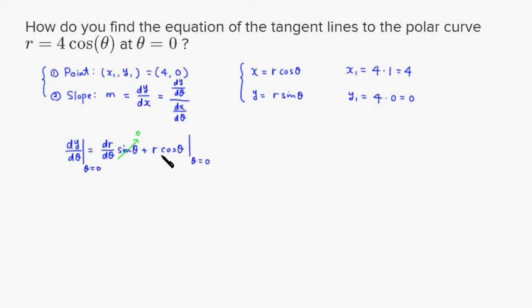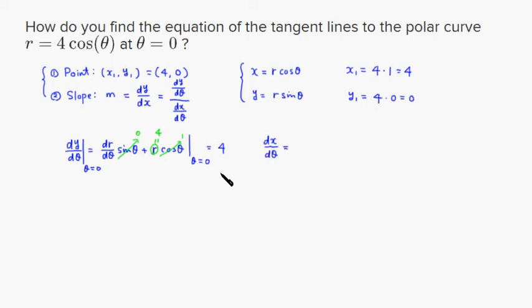Cosine of theta goes to 1, and r is actually 4. So 4 times 1, this is going to be 4. How about dx over d theta?